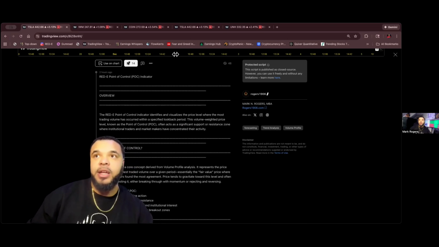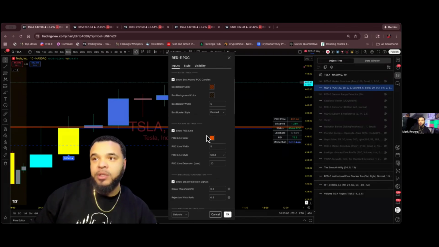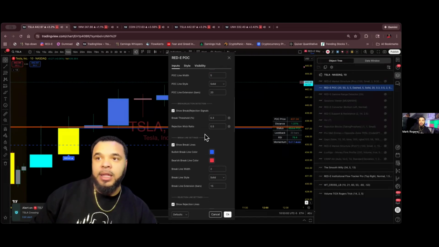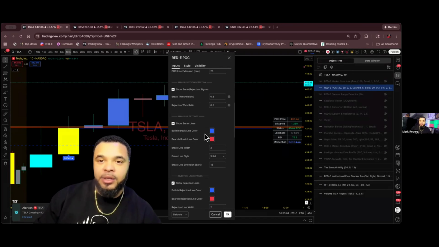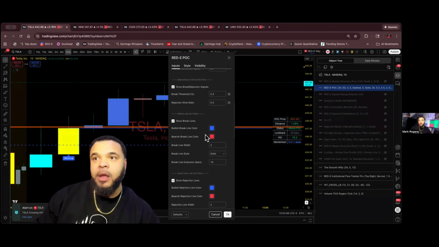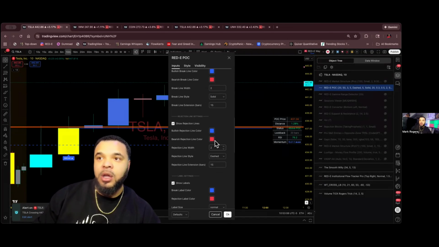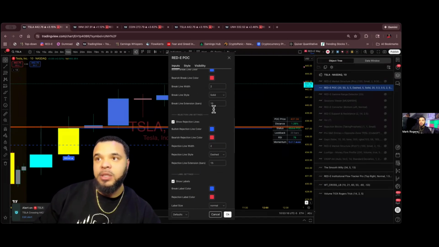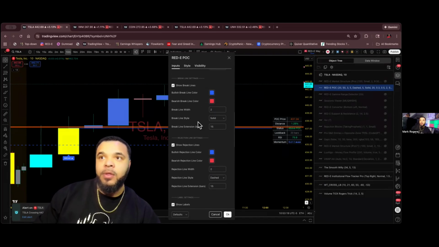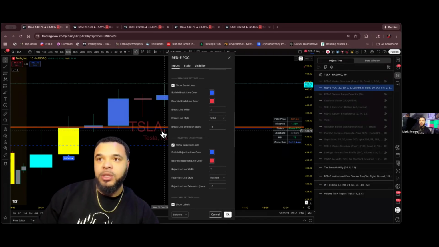All right, so going back to the settings here, like I said, I keep it on orange for the point of control. And for consistency, for my strong buy and strong sell, I have all of my buy and sell colors as royal blue for the buy and red for the bearish rejections. I also left these as default, solid for the break line, which is the main line that you see there.